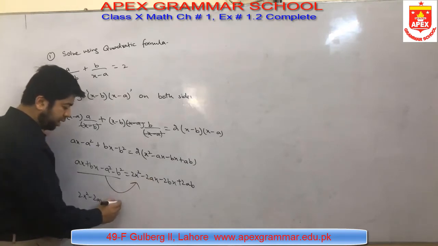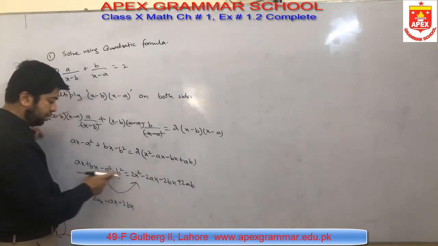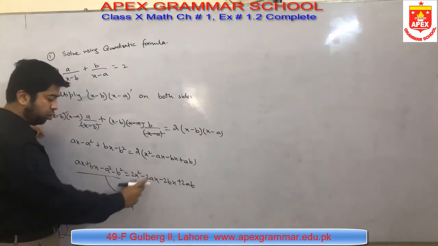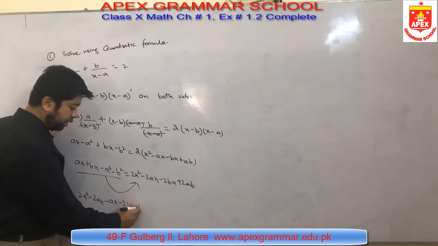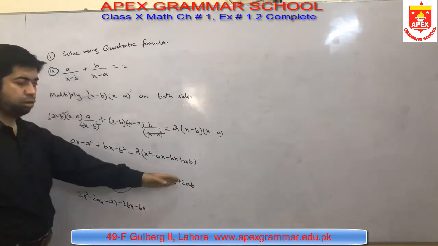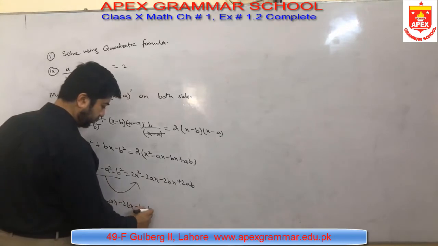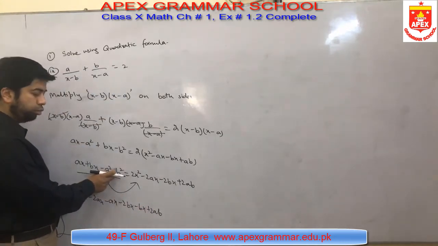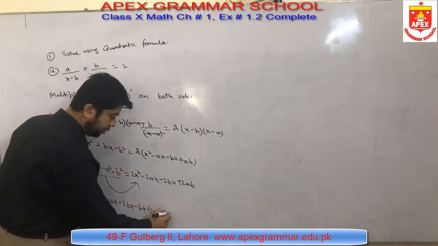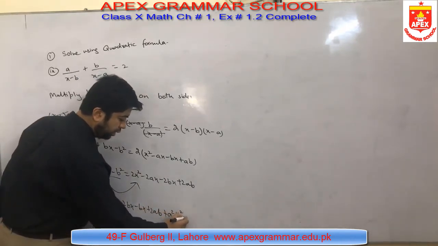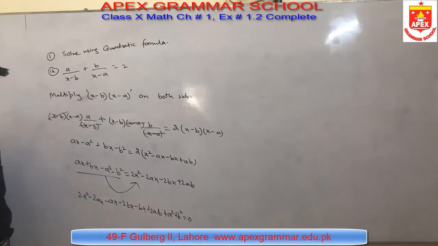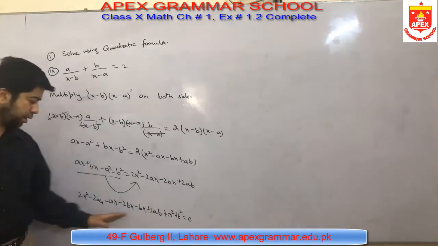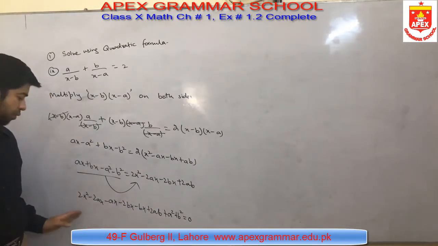After that minus 2bx, and this bx after shifting to the right hand side is negative. After that plus 2ab, and these constant values minus a square minus b square, these signs are going to change, and is equal to 0.